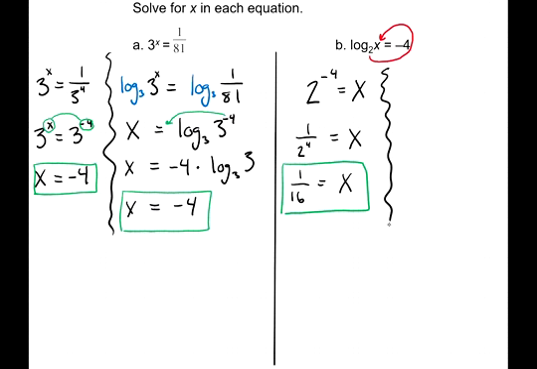Here we have the log base 2, so let's use the exponential function with base 2. And we'll have a big 2 here and a big 2 here. So if log base 2 of x equals negative 4, then 2 to the power log base 2 of x equals 2 to the power of negative 4.